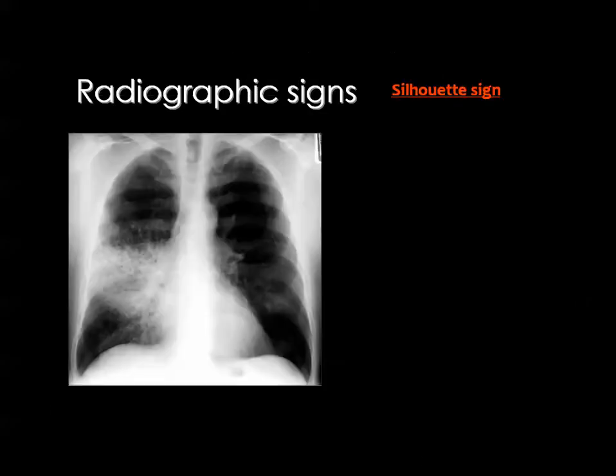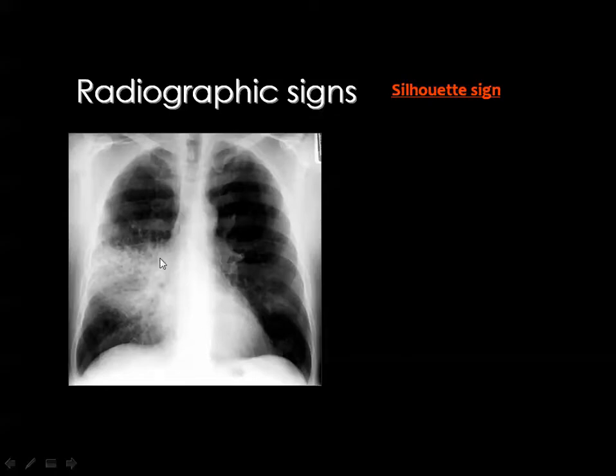Then we have some terminologies you should know. Number one is what's known as the silhouette sign. The silhouette sign means that there is an opacity in the lung that has masked the cardiac border. Then if you look at this opacity in the right lung and you want to follow the right cardiac border and you cannot do this through the opacity, what does this mean?